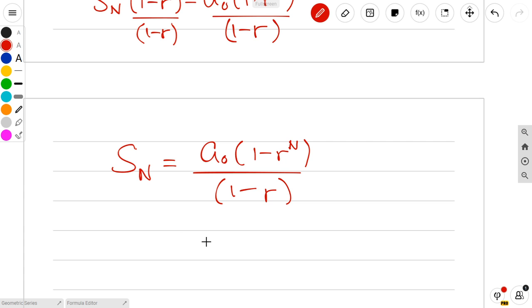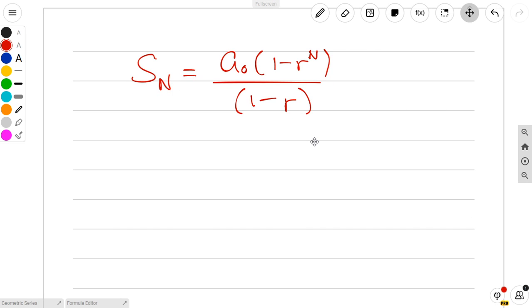So if you wanted to add together, let's say we had a geometric series that we were using. Say the geometric series is negative 9 plus 3 minus 1 plus 1/3 minus 1/9, and so on.